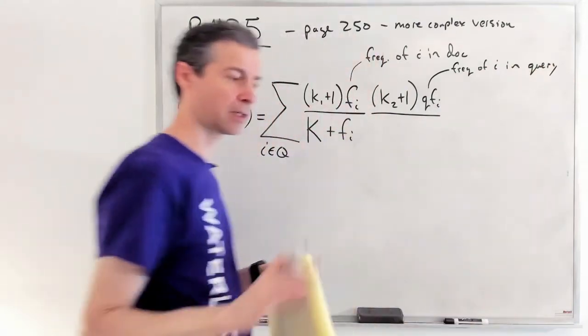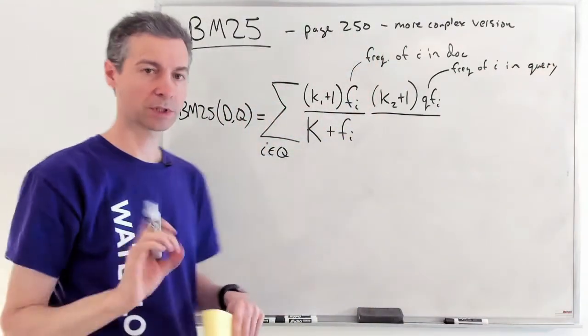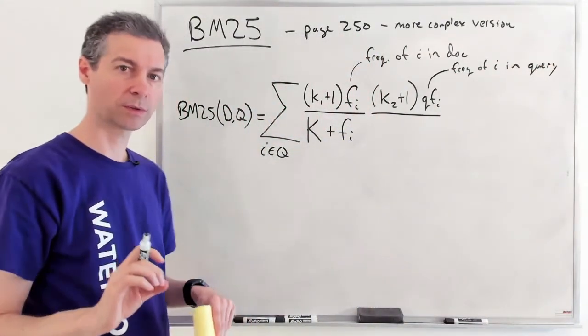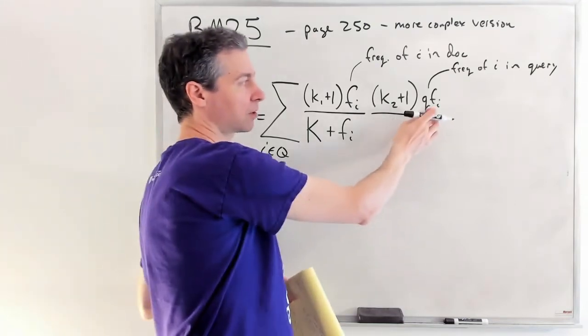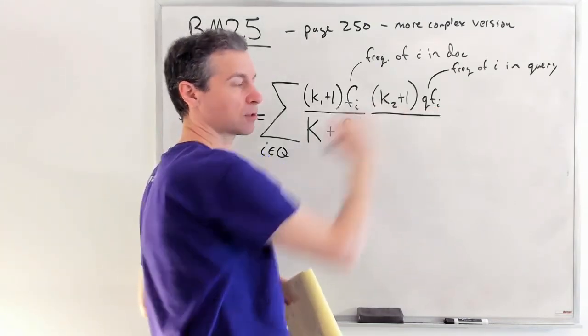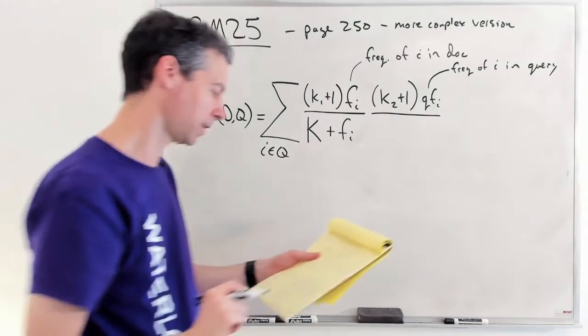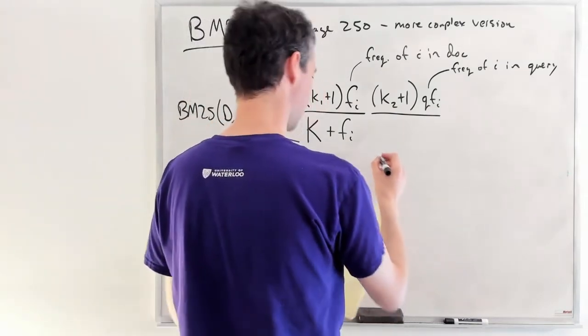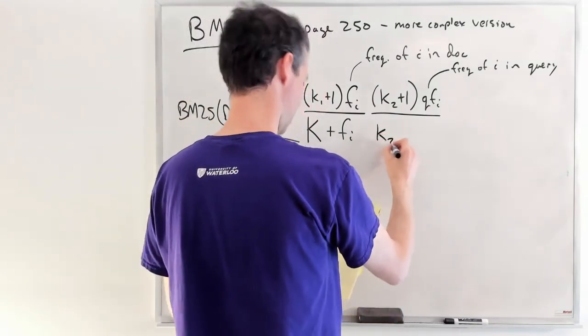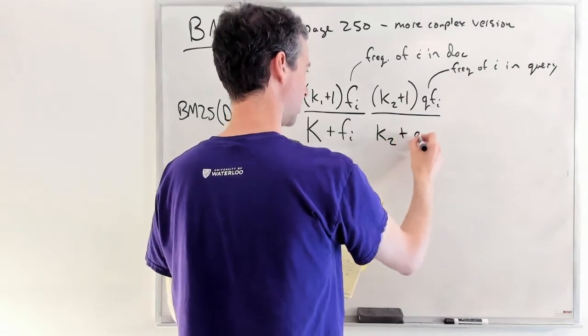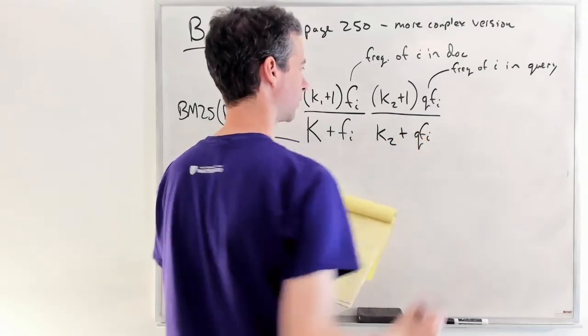So as I said, these are the unique word occurrences in the query. And so if it occurred twice in the query, this would be 2. Okay, and now we're going to divide this one by K2 plus qf sub i.